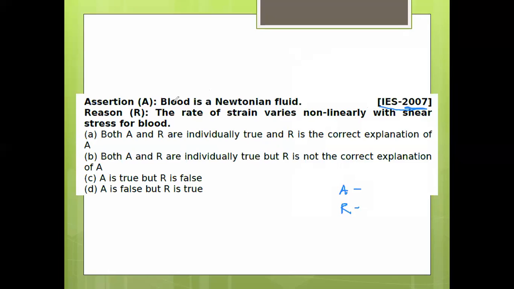Assertion A: Blood is a Newtonian fluid. We have just seen that blood is a non-Newtonian fluid. So option A is the wrong option, right? Second, reason R: the rate of strain varies non-linearly with shear stress for blood.